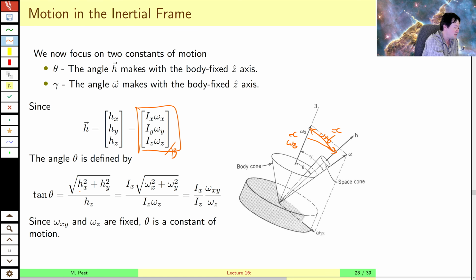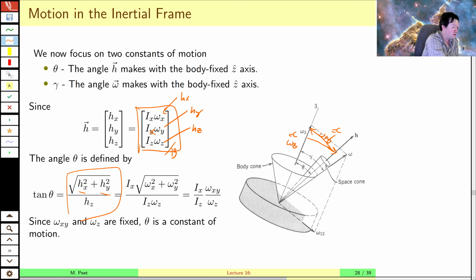So we got the omega x squared and omega y squared components. We know what those are, right? That's hx, that's hy, that's hz. And so we can just solve for this angle by plugging in those components.